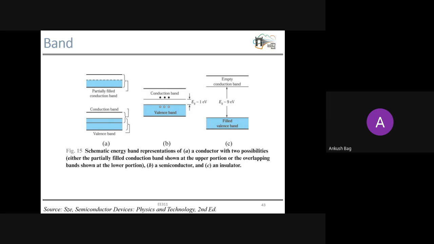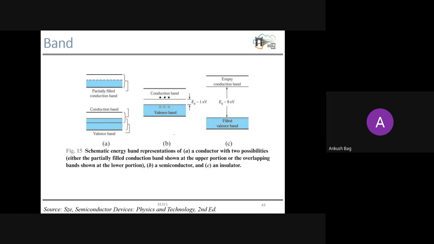In the last class also we discussed how, in terms of the conduction band and the valence band, we can explain the conductor, insulator as well as semiconductor.